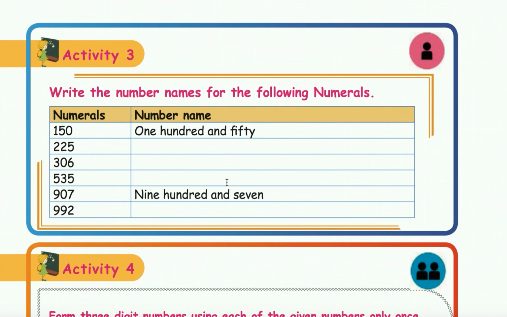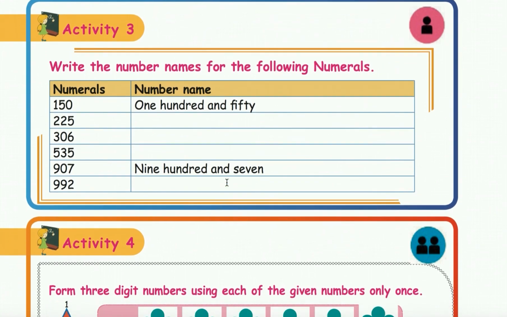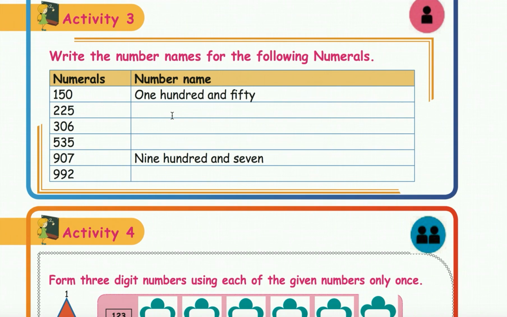Write the number names for the following numerals: 150, 225. Okay. Because it is quite new to you, I will write it for the second one: 200 and 25. Quite big.